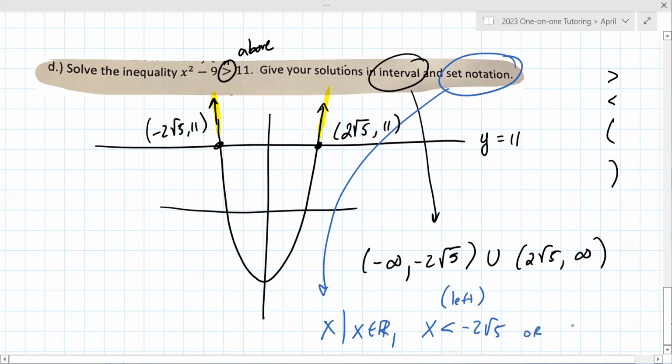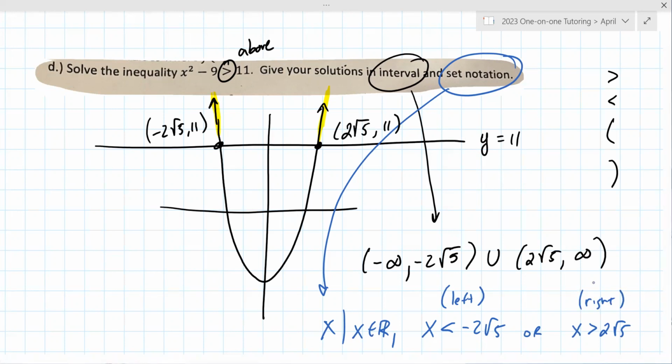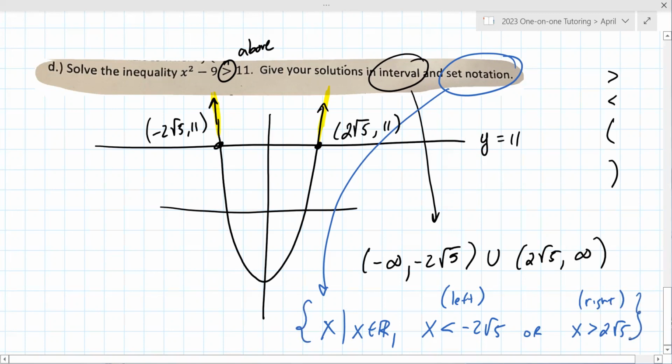Or x to the right of 2 square root of 5. That means to the right. So in set notation, that's how you write it out. Again, not the best example, but they're consistent. This is all the numbers left of minus 2 square root of 5. This is all the numbers right of 2 square root of 5. That comes from the intersection of them.